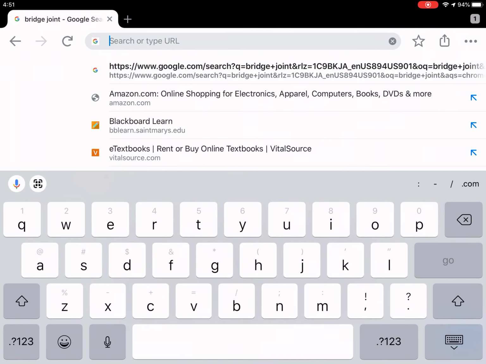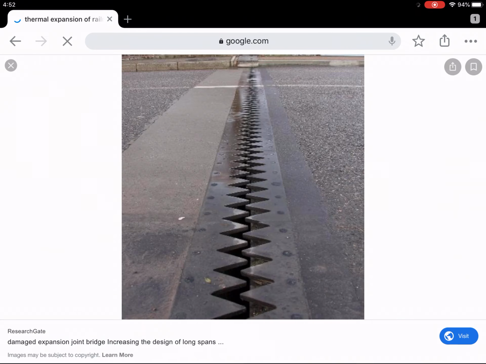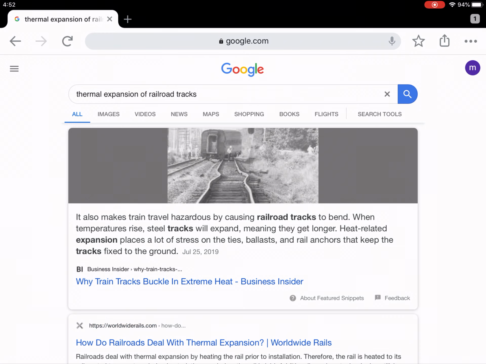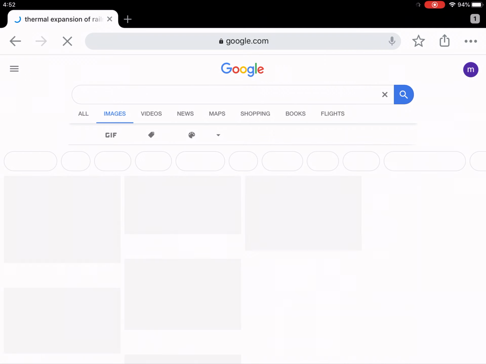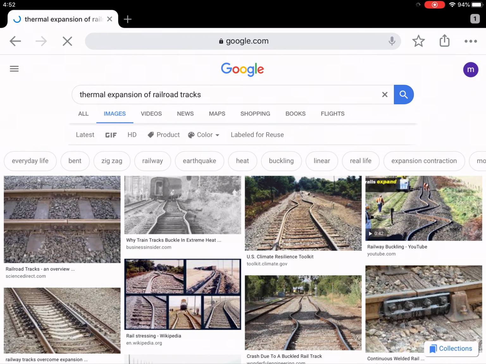The other thing you can see is thermal expansion of railroad tracks. Yeah, that's great. Let's look for more of them. There, so you can see lots of these thermal expansion of railroad tracks.